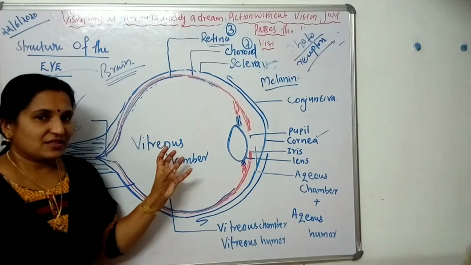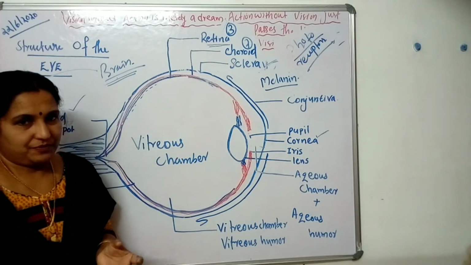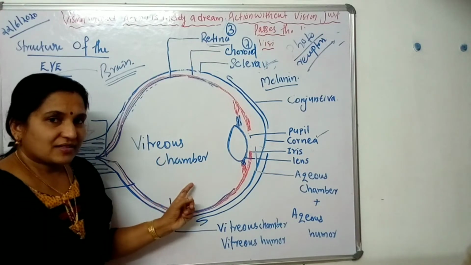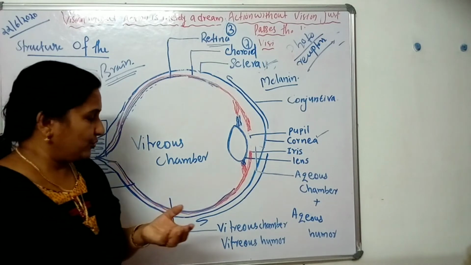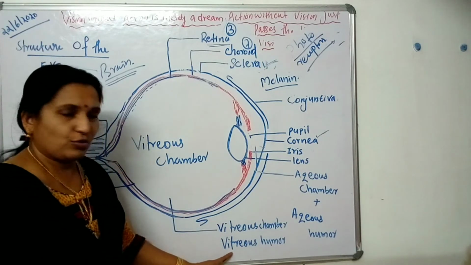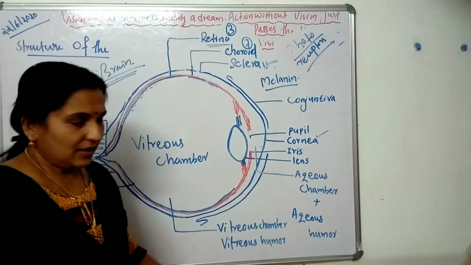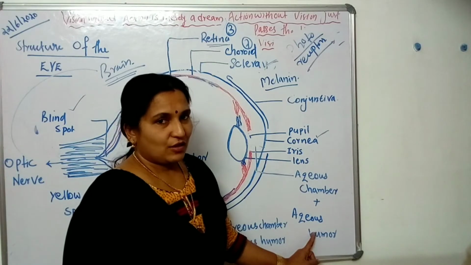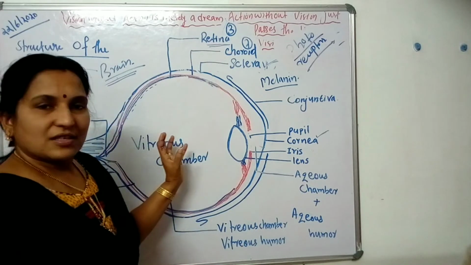Its function is to maintain the shape of the eyeball. The other term we use instead of vitreous humor is vitreous fluid. Similarly, the other term for aqueous humor is aqueous fluid. So, is it clear, children?